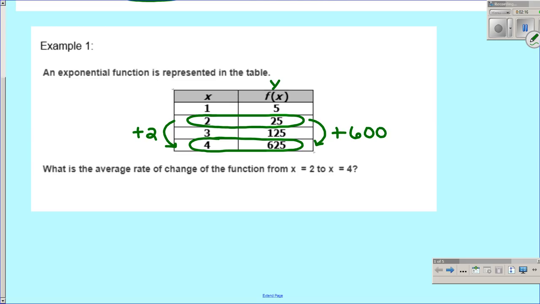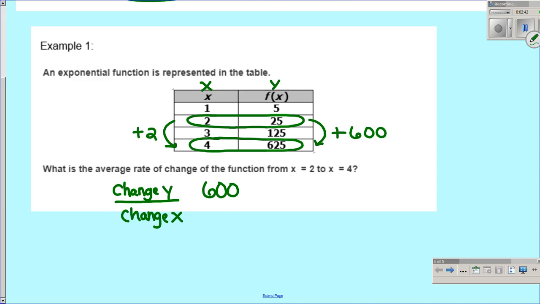We're adding 600. Now remember the ratio. We need the change in y over the change in x. So we would take the 600, that's your change in y, and then we're going to write this over the change in x. And in our table, when we look from 2 to 4, we're skipping the 3.